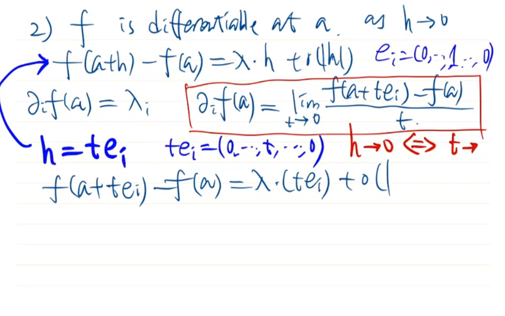Because h is tei, the norm of h is t. Therefore, the higher order term in the norm of h is t.